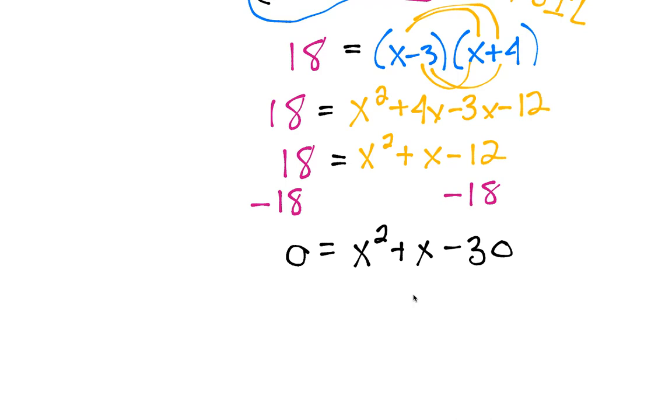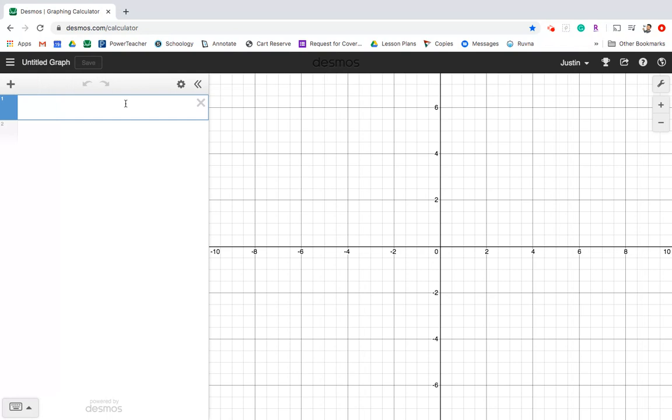Now, to avoid factoring, you can type it right into Desmos. You're going to type in just this right here: x squared plus x minus 30. So instead of 0 equals, we're going to say y equals, just like your calculator, you hit the y equals button.